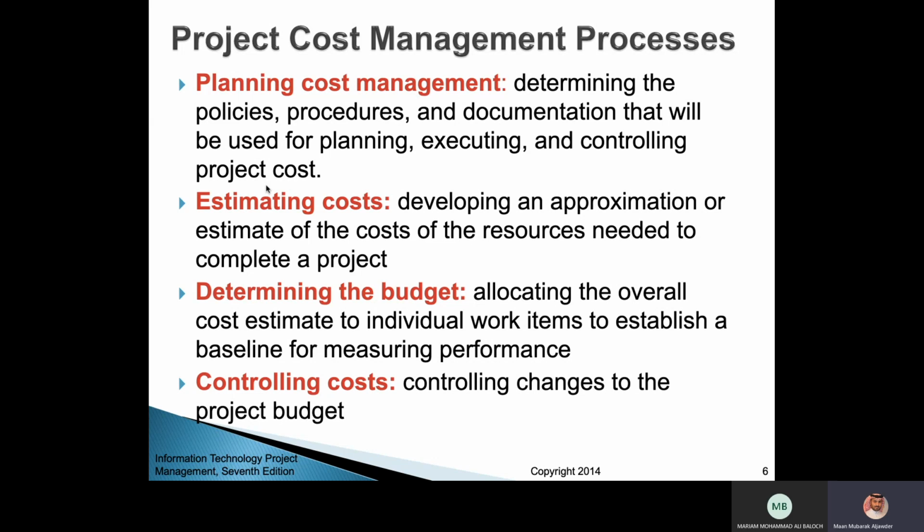Then after that, you need to determine the budget, and this is by allocating the overall estimated cost to the individual items that you are going to do in the project, and we call this the baseline. And here we always have this overlap that we talked about earlier with time and with scope.